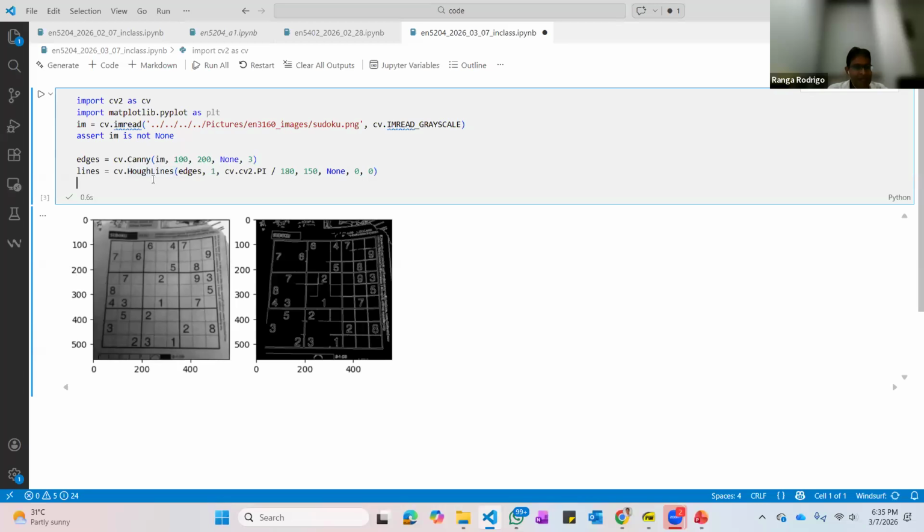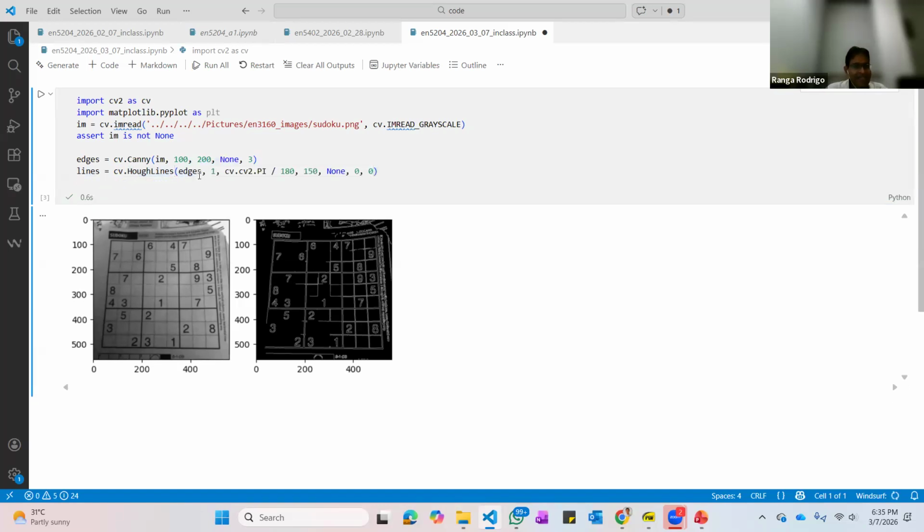Where is the Hough function? Let me open the parenthesis again. This AI prompting is very tempting, and I hit the tab key. Anyways, so I'll tell what it is.